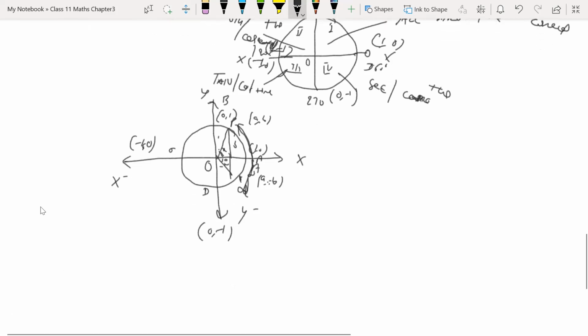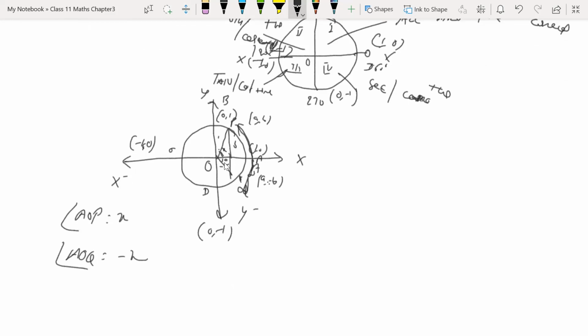Now in the triangle A, O, P, this is the point A. So angle AOP is X. Angle AOQ is minus X, because this is the clockwise direction.